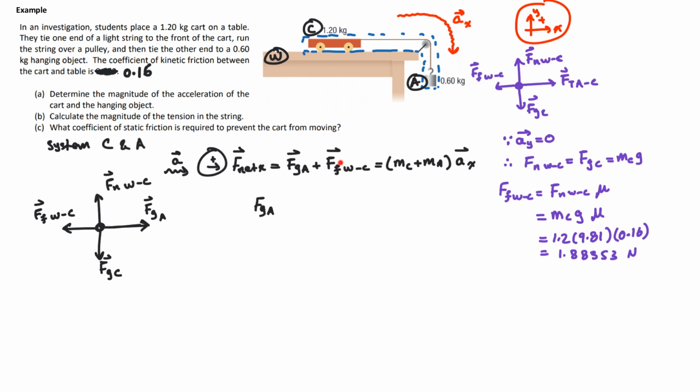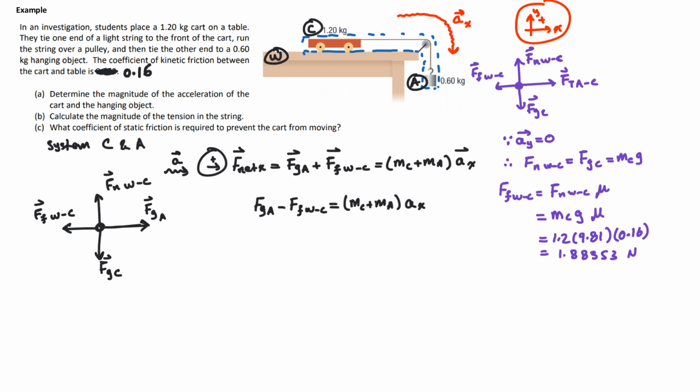This force over here, it's acting in the opposite direction of my positive, so I'm going to use a negative. Force of friction W to C is going to equal mass C plus mass A, and my acceleration is acting to the right, and my positive is to the right, so I will use a positive. Now everything is turned into magnitudes.